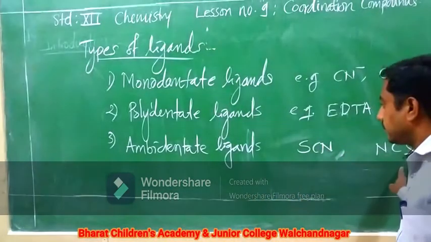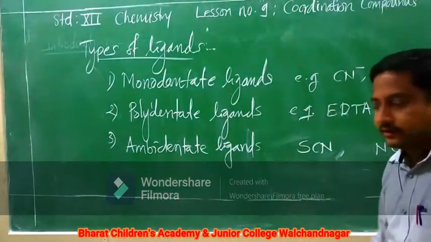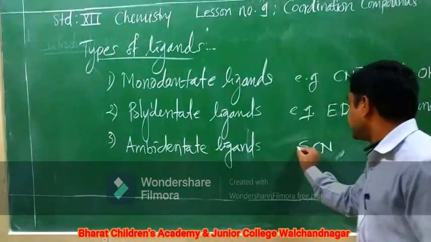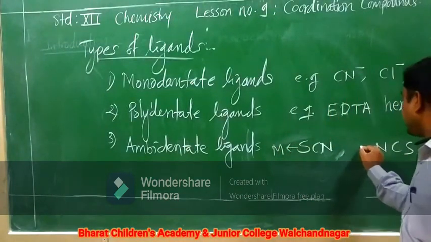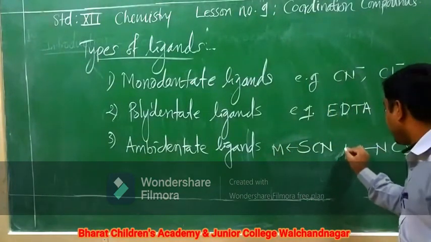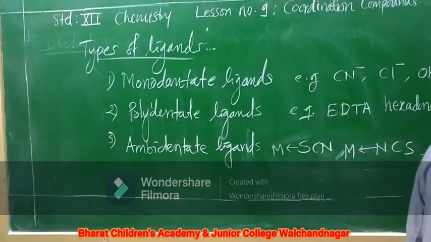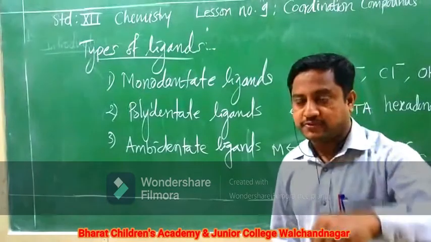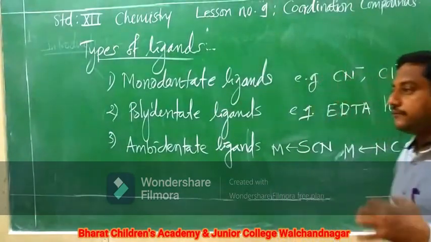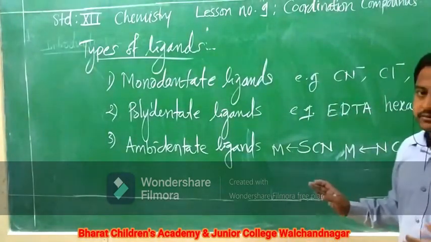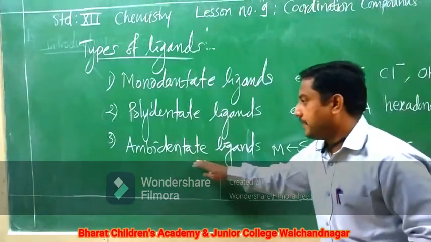Quite a suitable example for an ambidentate ligand. Now you can see here this sulfur can form a bond with the central metal as well as the nitrogen from this group can form a bond with the central metal. The same ligand can form a bond with the central metal with two different atoms. That is why this is called an ambidentate ligand.